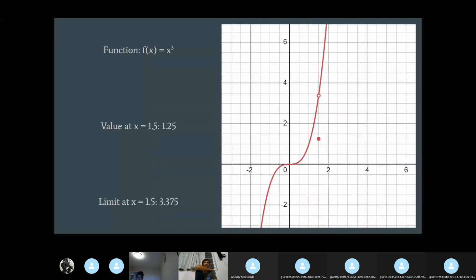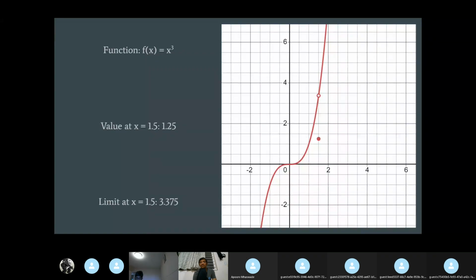Now, so far it's mostly been visual. We've seen that the function approaches some value, which is called the limit of the function. We've also seen that this value the function approaches may not be equal to the value of the function. Here this value approaches x cubed, even though the value of the function is not x cubed.